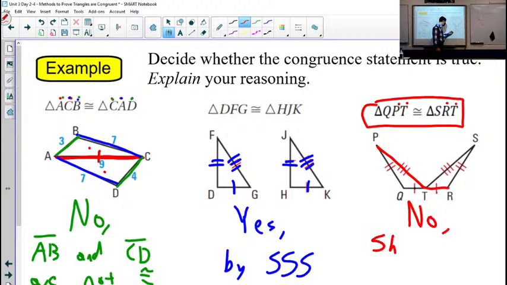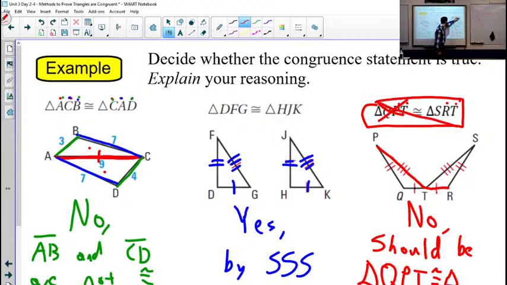So it should be, if I want to use QPT, sorry, cross off this whole thing. QPT, in this case, Q in this triangle should go with which point in the other triangle? It should flip around and go with R. Q lines up with R in this triangle.